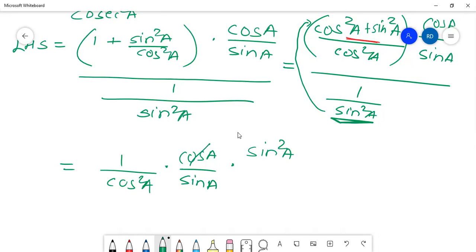One of the cos gets cancelled with this cos, so cos A will remain here. The sin square gets cancelled and this sin gets cancelled. So remaining is sin A upon cos A, which is tan A, which is our RHS.